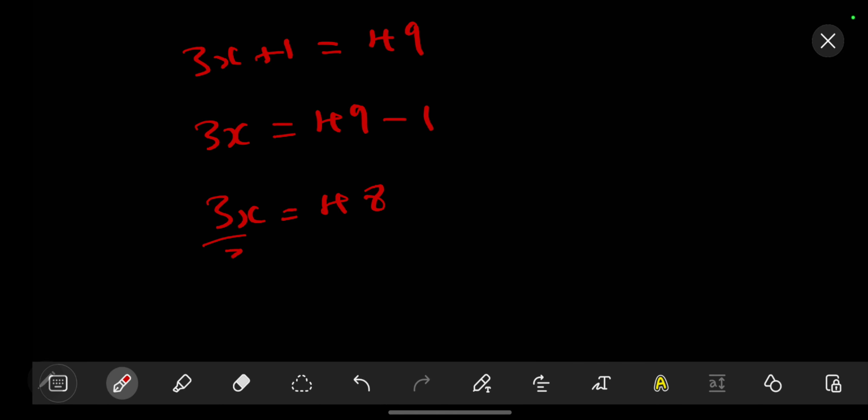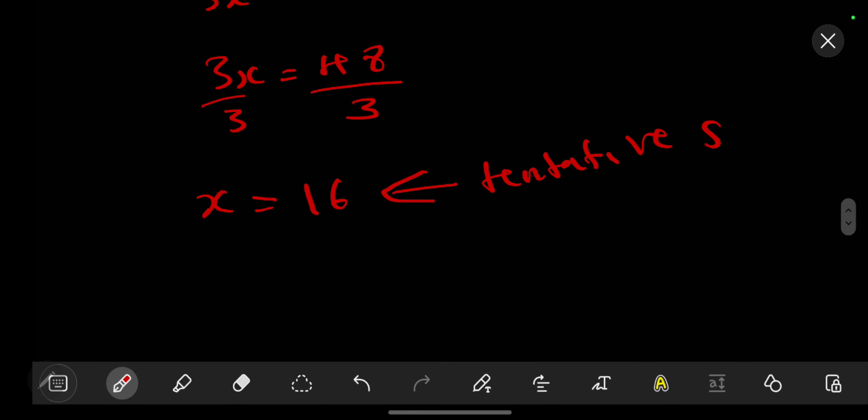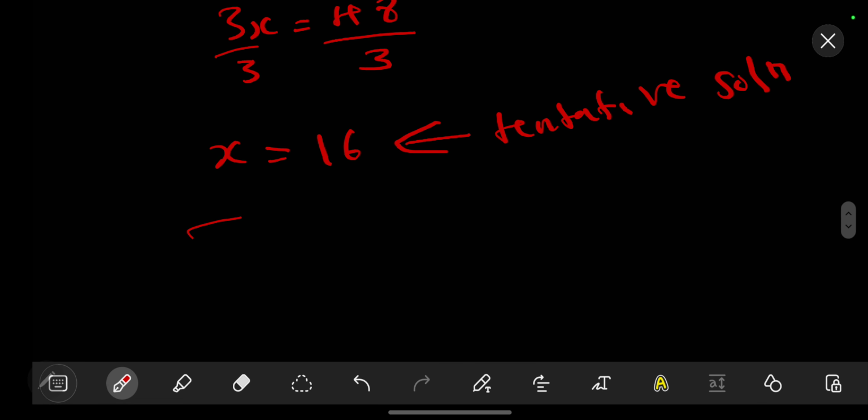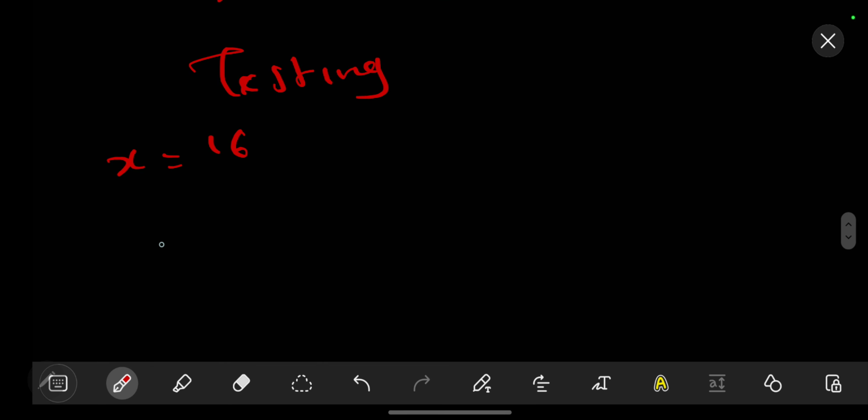Now we divide by 3, and we get x equal to 16. This one we are going to call a tentative solution. When we say tentative, we simply mean we are not sure whether this solution will work or not. So we are going to test whether x is equal to 16 will work. We have the square root of 3x plus 1, which should be equal to 7.